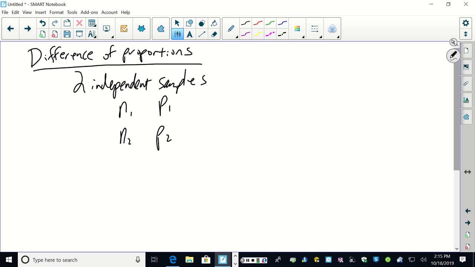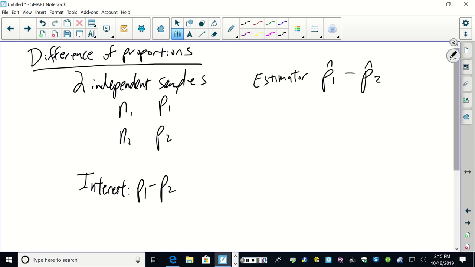And we want to compare them. Are the rates the same in the two groups? We can be interested in the parameter: what is the difference? And if they're both binomial, and both independent samples, both binomial experiment type of scenarios, our estimator can be just the sample proportion in one minus the sample proportion in the other one.